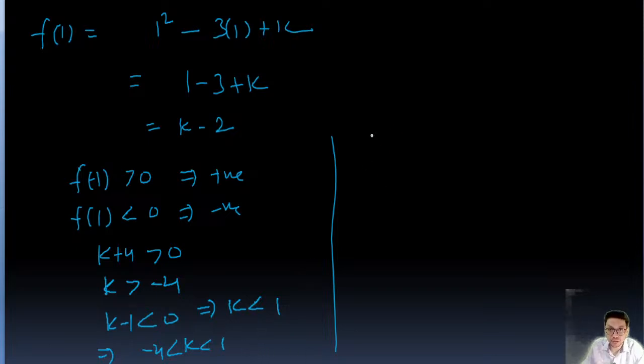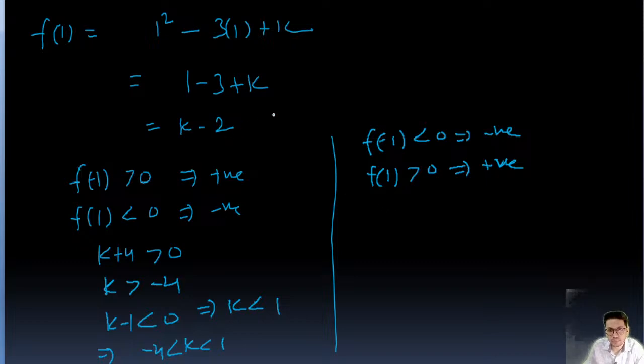Now we'll take the second case. If f(-1) is less than or equal to 0, that implies negative, and f(1) is greater than or equal to 0, that implies positive, right?